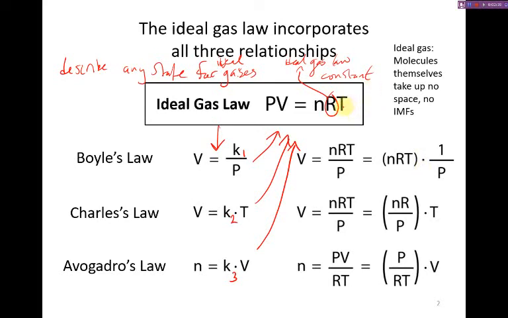The particles themselves don't occupy space while they do fill their container, and that there's no intermolecular forces. We're going to learn in a little bit about exceptions to that and cases under which those assumptions fail. But for now, we're going to assume that the gas particles themselves occupy no volume relative to their container, and that there's no attraction or repulsion between those particles. And that allows us to use the ideal gas law.